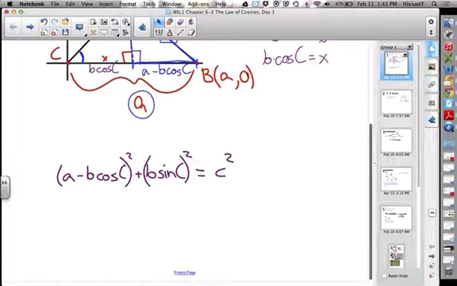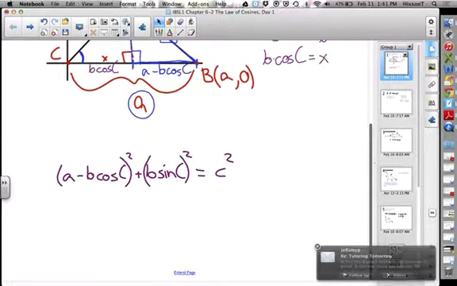You square something, it becomes positive. I'm not sure where the negative came from for that one. Yeah, that's good.